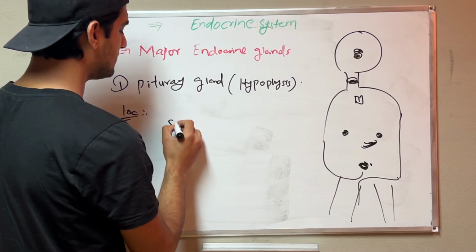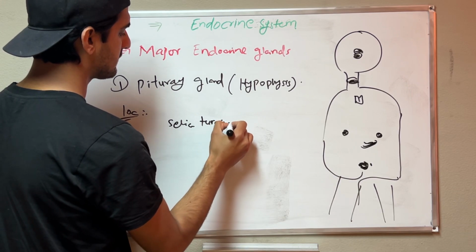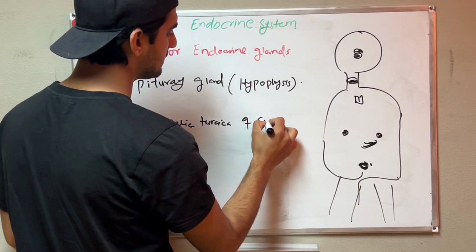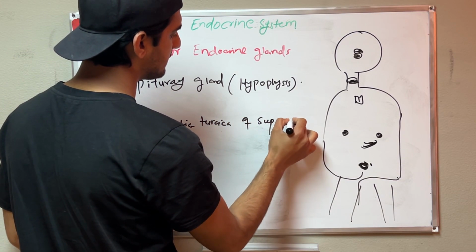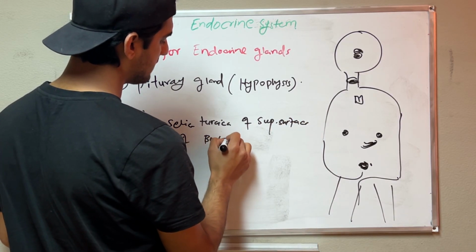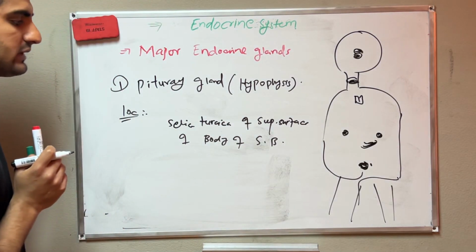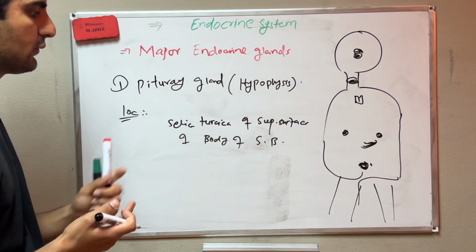Its location is the sella turcica of the superior surface of the body of the sphenoid bone. Okay, this is the location of the pituitary gland.